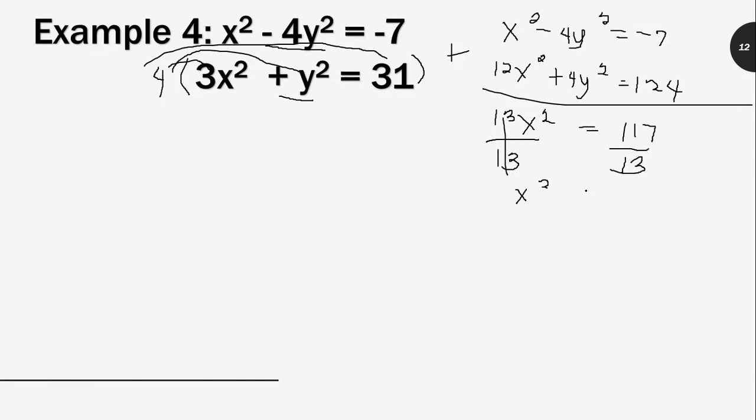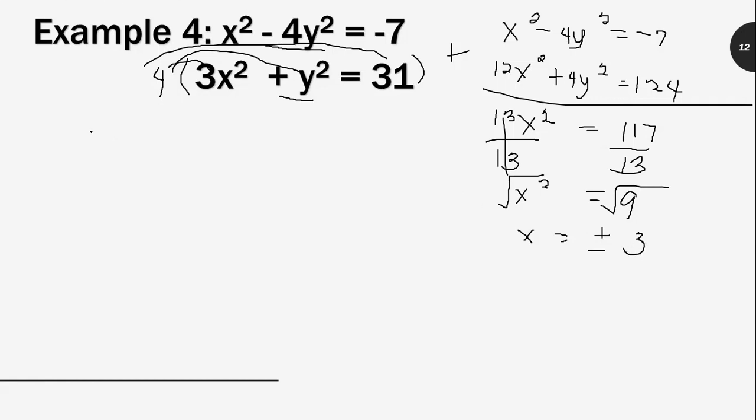X squared is equals to 117 divided by 13, we got 9. So square root po of x squared and square root of 9 is positive negative 3.